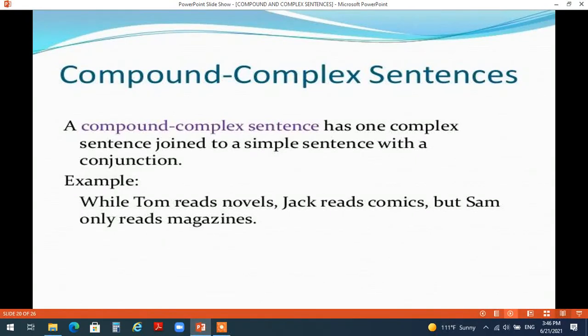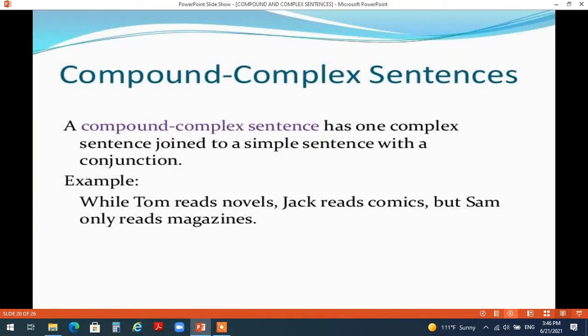As the name says, it is made up of the two types of sentences. When we say compound complex معناها لدينا نوعان من الجمل، لدينا جملة مركبة ولدينا جملة معقدة في نفس الوقت.